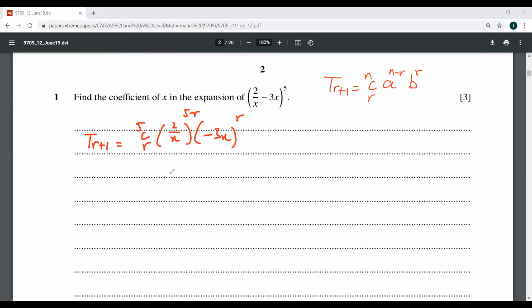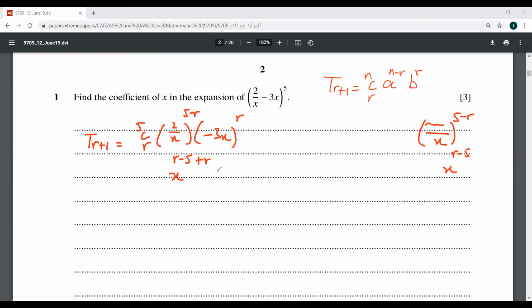So the power on x is going to be r minus 5 plus r. You see, this is something over x raised to power 5 minus r. So when you move this x to the numerator, the power on x would become r minus 5. And that is why I have written this r minus 5 here, and then there is a product going on, and this x over here has a power r as well.